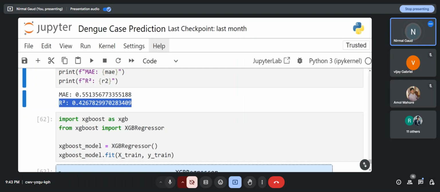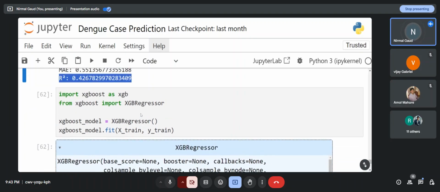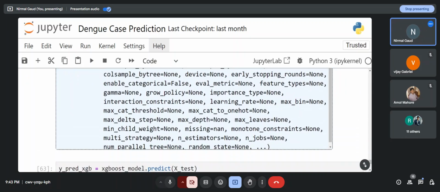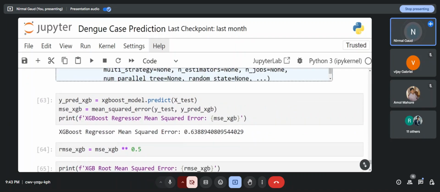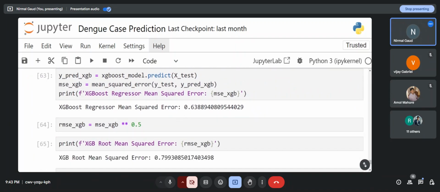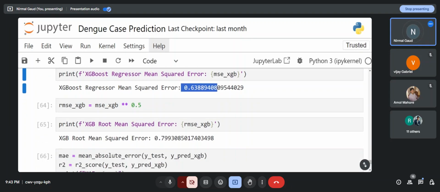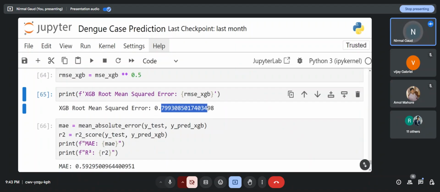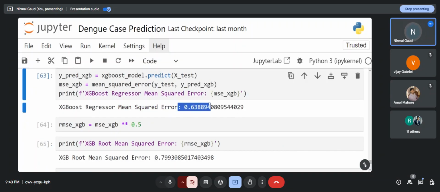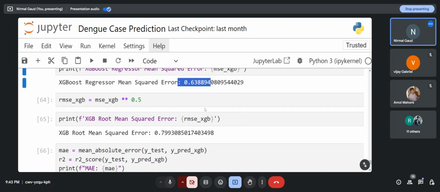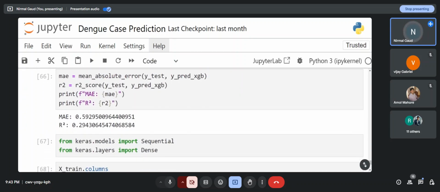I applied XGBoost also, the XGB regressor, this is also a boosting algorithm. I put the data inside it, trained my model, and performed the prediction. Here the error is a bit more, 0.63, than random forest. RMSE is again more, 0.799. No need to calculate this because an error of 0.6 is not a big deal. MAE is 0.59.